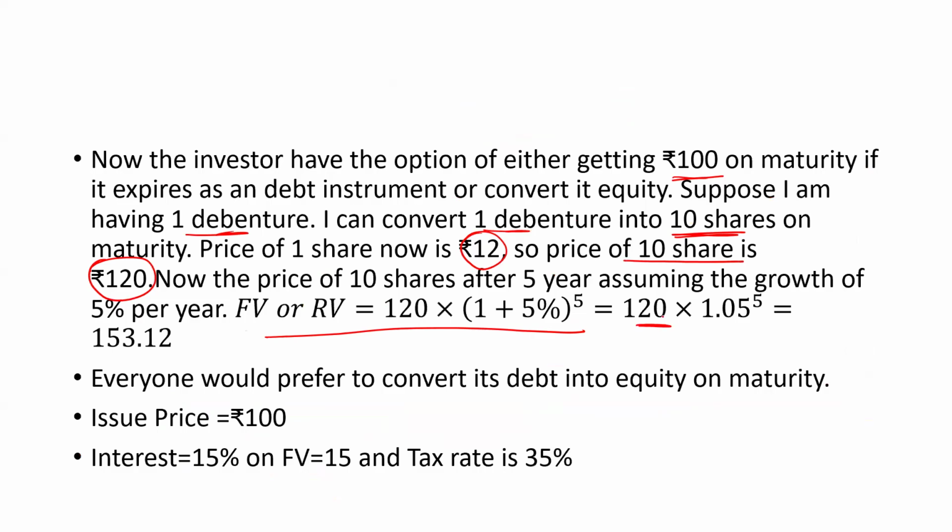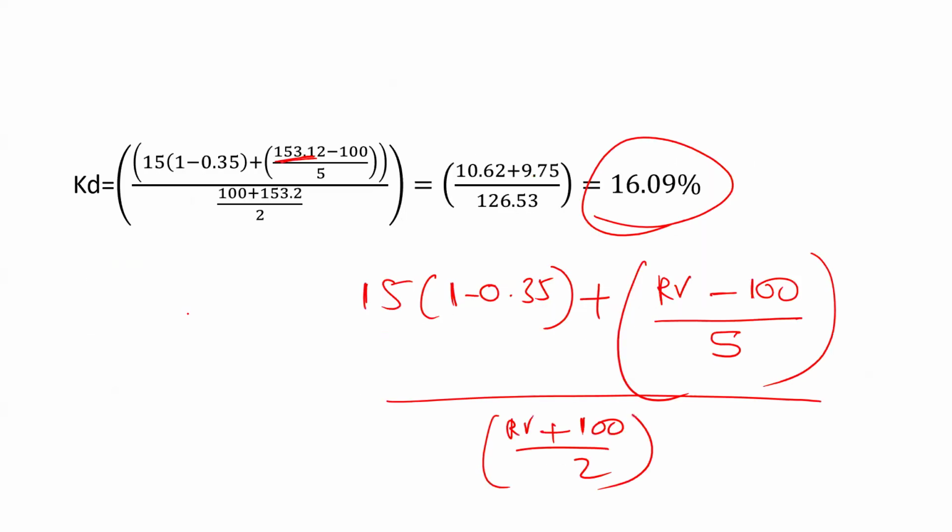Future value of this share is 120 into 1 plus 5% to the power 5, that would be 153.12. So here the redemption value would be 153.12. Based on this, if you calculate, you are getting around 16% as the cost of debt.